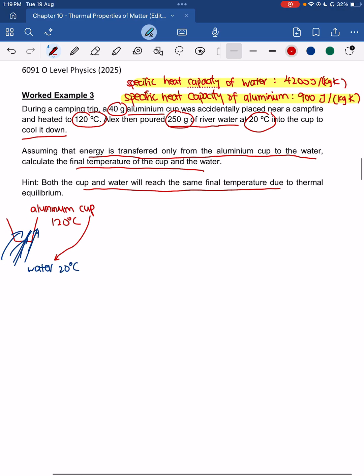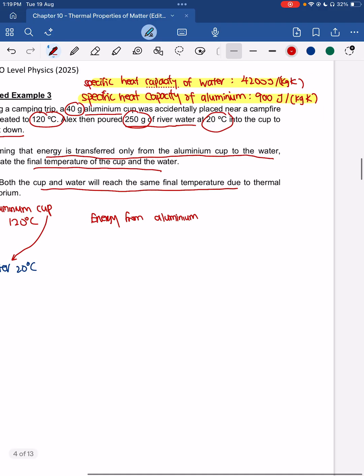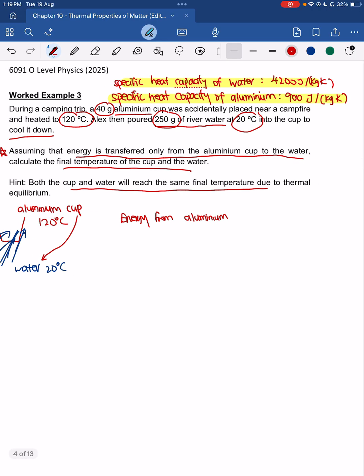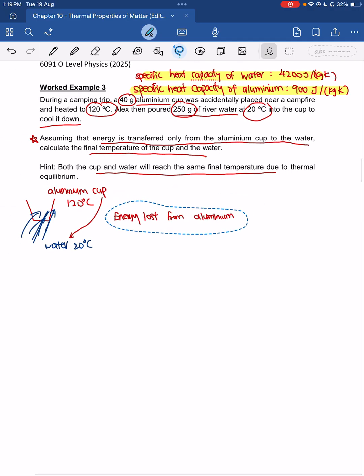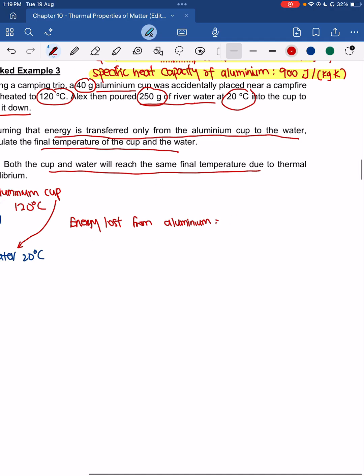Okay, so based on this statement, the energy loss from the aluminium cup is going into the energy gain in water.